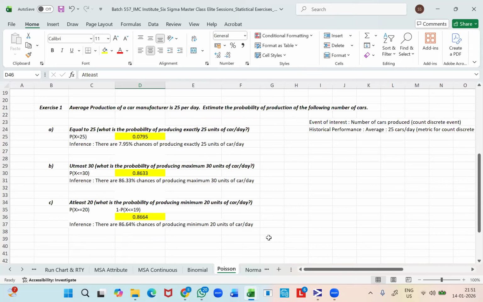Yeah, because see, when you estimate the probability of producing exactly a certain value, it could be equal to the average value, but that will be the highest probability. Average will be the highest probability, right? But then the probability value has to get spread across the entire spectrum of values, right?